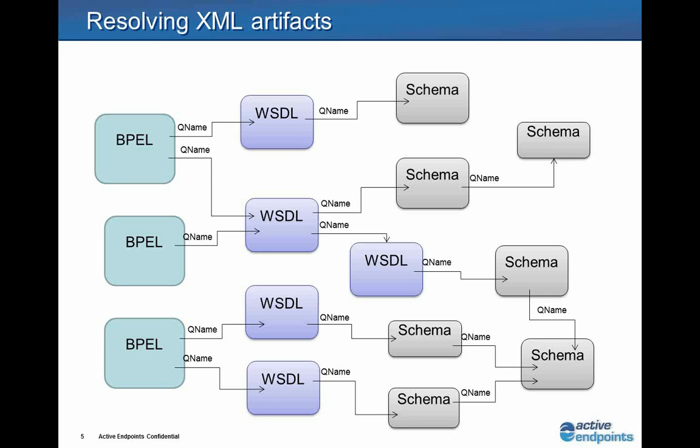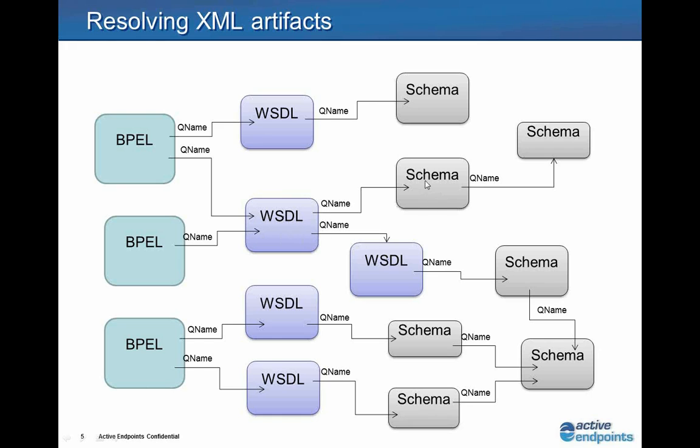Beeples refer to WSDL by the queue name of the interface they care about. And if a beeple calls a subprocess, the beeple refers to WSDL, and then the subprocess refers to the same WSDL. So, for example, this might be the definition of the interface that is the process calling the subprocess.